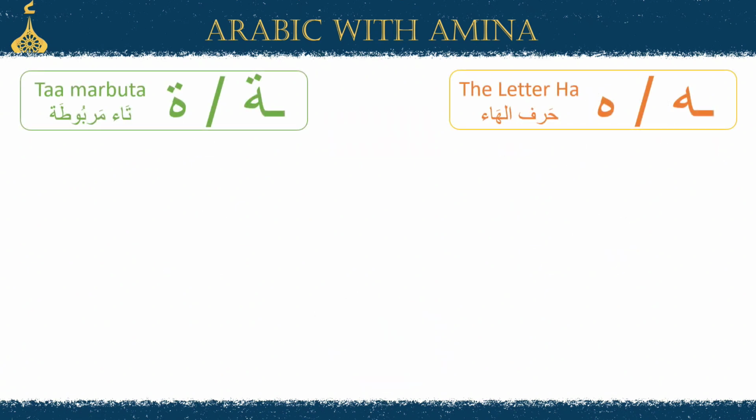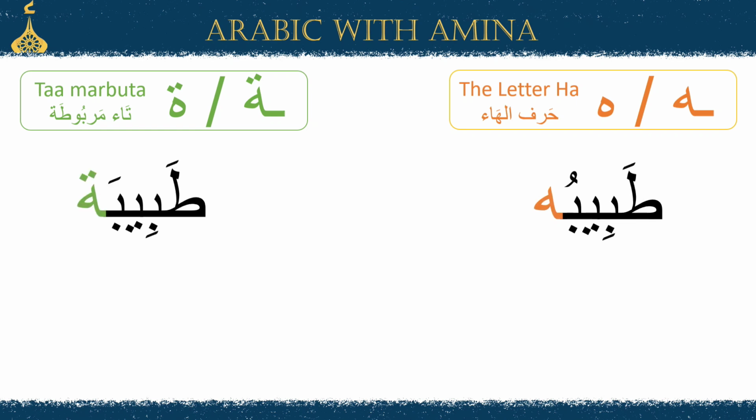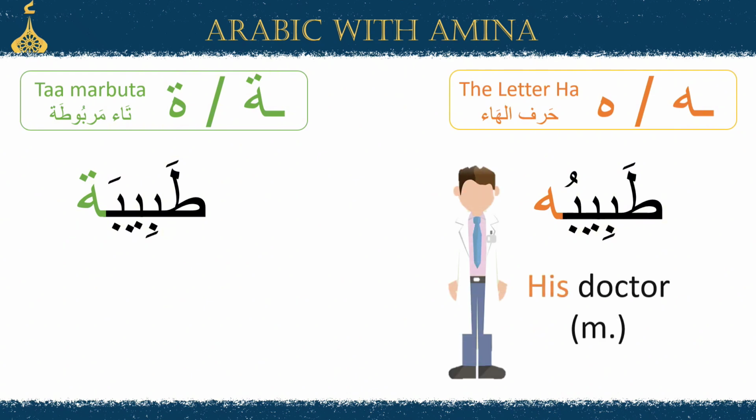And this is where things get really interesting. Look at these two words, طبيبة and طبيبة. They're spelled the same, except for the last letter. The first ends with the letter ha, and the second ends with ta marbuta. The first word, ending with the letter ha, means his doctor.